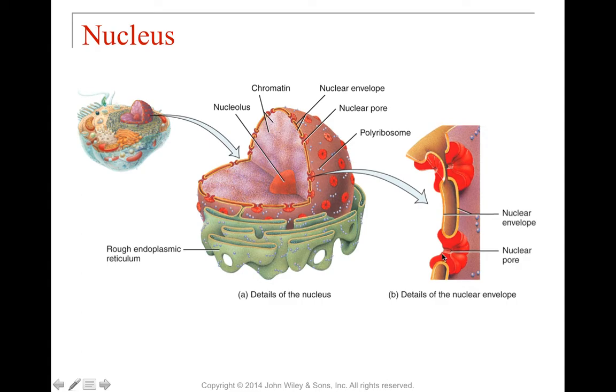Another way is that ribose is inherently different from deoxyribose, so the sugar in RNA is different from the sugar in DNA, and that's because deoxyribose, it's written right in there, is actually missing one oxygen compared to ribose, and so that's different as well. And last but not least, RNA is typically going to be single-stranded, and DNA is typically going to be double-stranded. So those three things are going to tell the gatekeepers of the nuclear pore whether or not it's RNA and should be allowed out, or whether or not it's DNA and should not be allowed out.